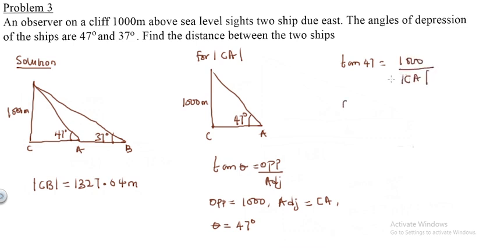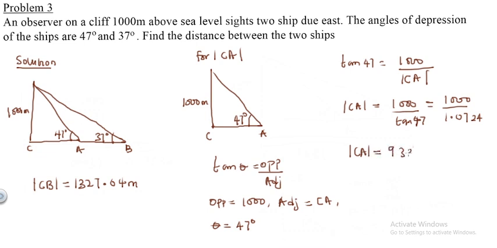If you cross multiply from here, line CA is equal to 1000 divided by tan 47. 1000 divided by tan 47 is 1.07234 to 4 decimal places. If we do the math, that means line CA is equal to 932.54 meters to 2 decimal places.